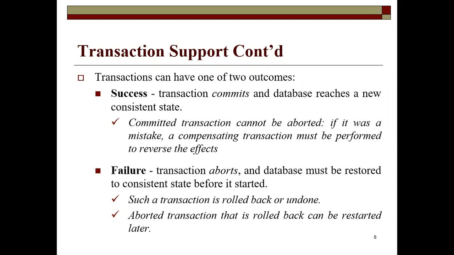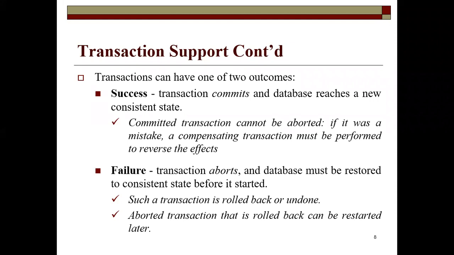A compensating transaction is one that will reverse the effects. So since you've deposited in a wrong account, it simply means the only way you can make sure you retrieve your money is by withdrawing the money from that given account and then depositing it in the right account. So here the compensating transaction is the withdraw.